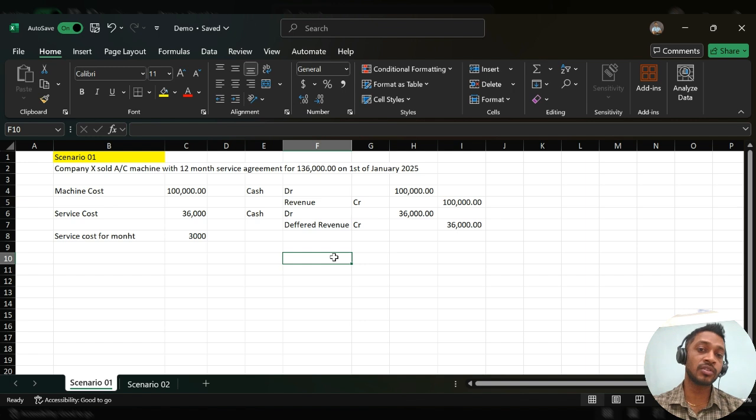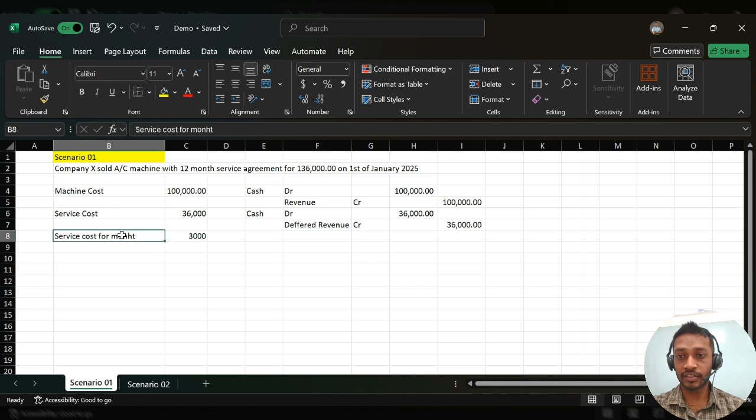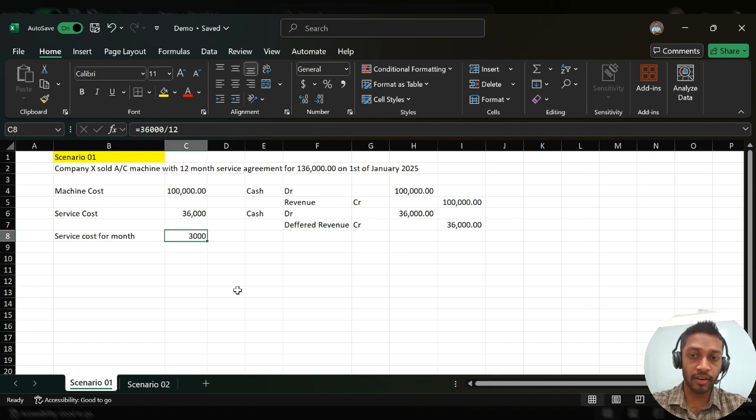So how do we identify this revenue? When it comes to 31st January 2025, we provide the AC machine service, and then we can identify 1 month of service as revenue. If so, we can remove this 3,000 first month revenue from this account.